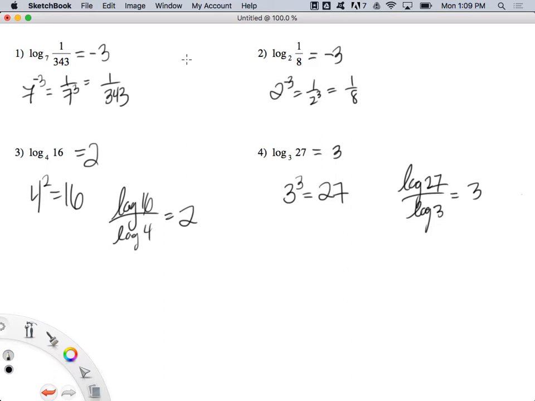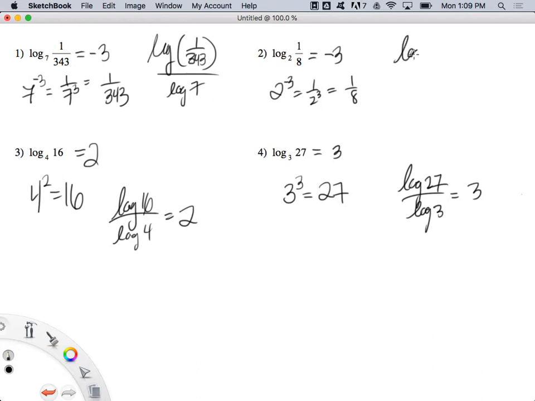Wait, is this some pinky chop, right? Not exactly. No, this is just evaluating logarithms. That's when you have like equals. How do you do it with the fractions? Like, how do you type it in? So these ones would be log of 1 over 343 over the log of 7.